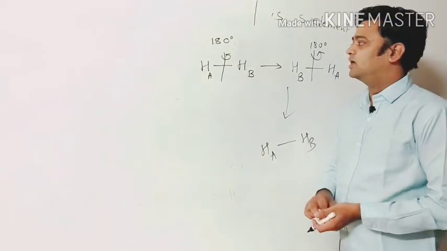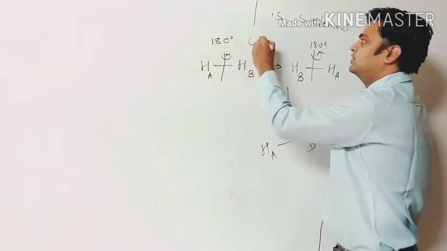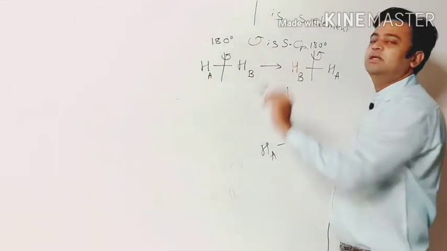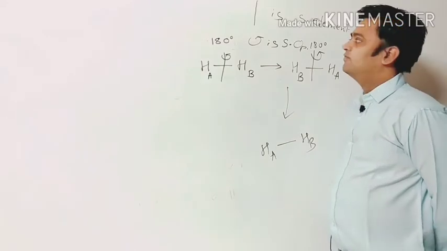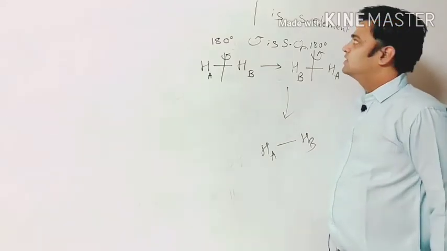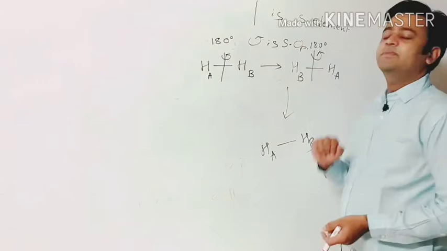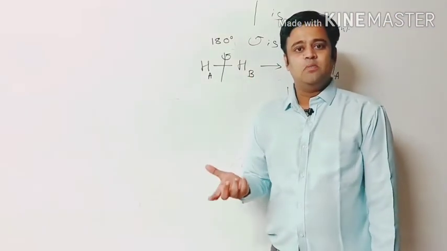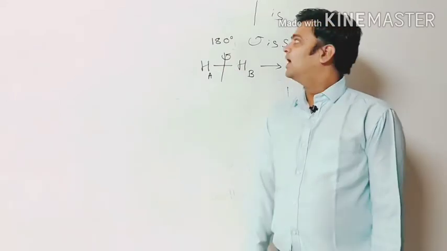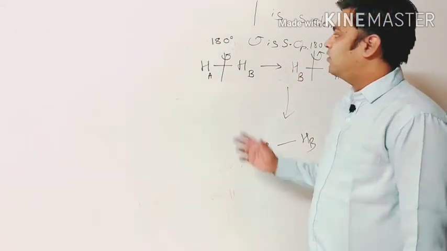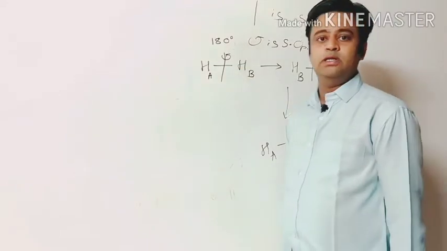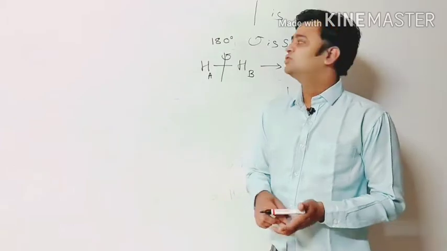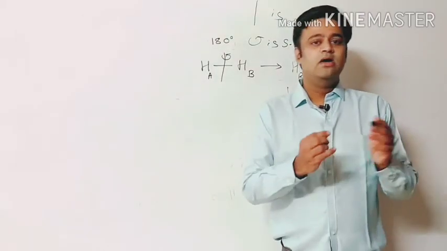Rotation is the operation, so this rotation is the symmetry operation. Got it? The line which is used to operate the molecule is the symmetry element, and the operation means what we have done: we have rotated the molecule. In this way we come to know what is symmetry element and what is symmetry operation.